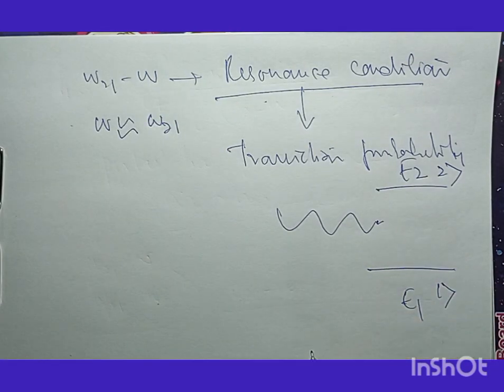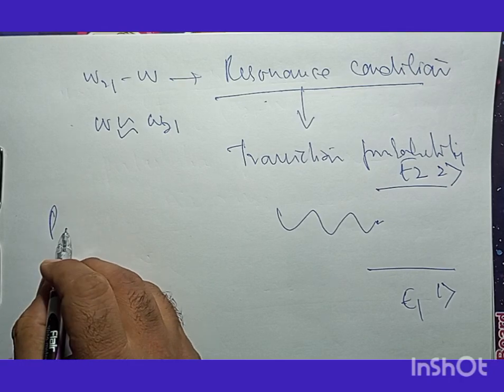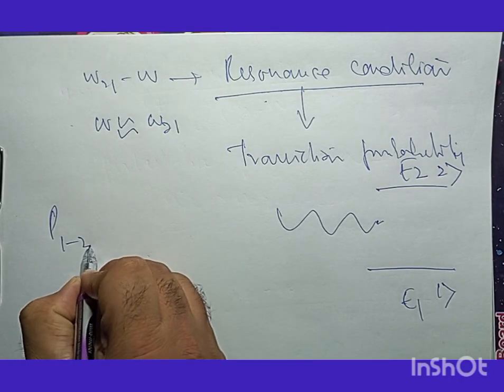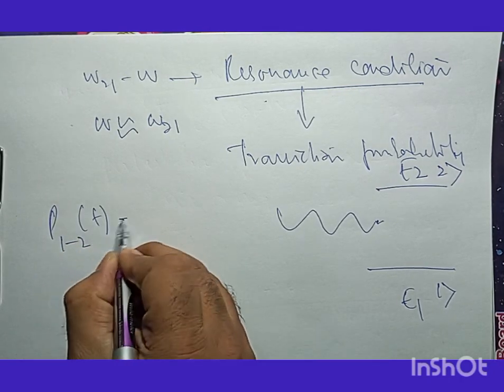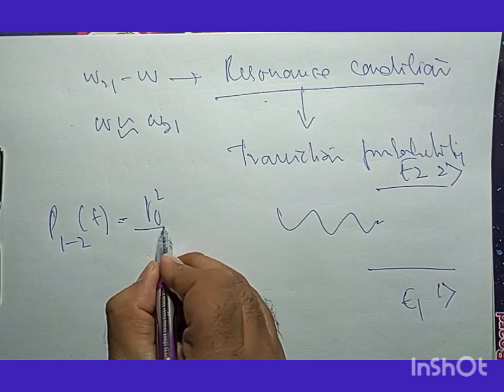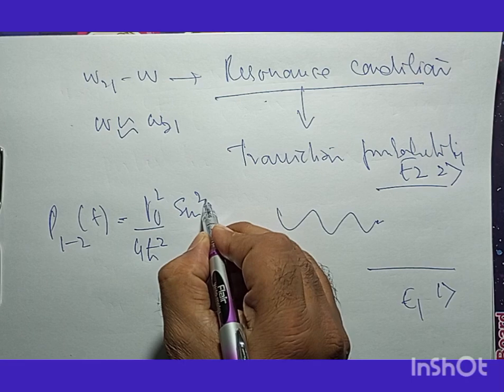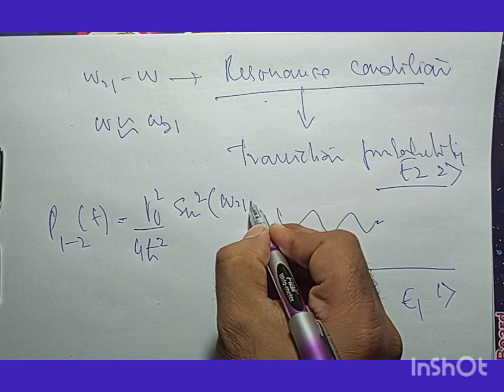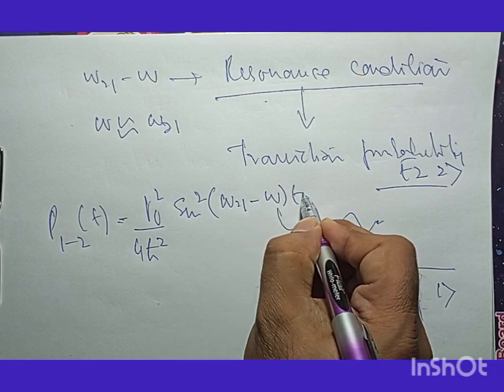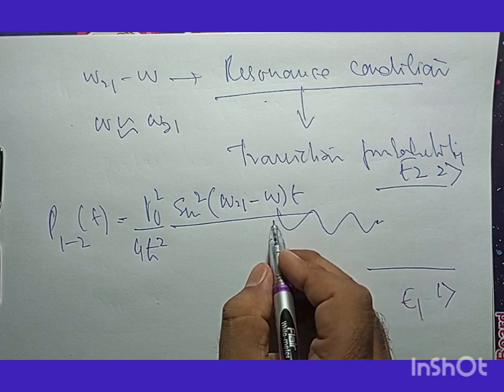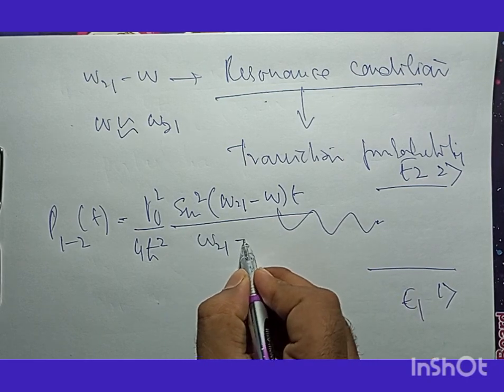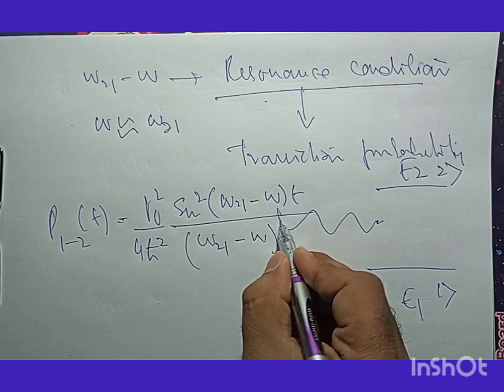So if I write down this transition probability from 1 to 2 as V naught square by 4 h bar square, sine square of omega 21 minus omega times t, divided by omega 21 minus omega whole square.